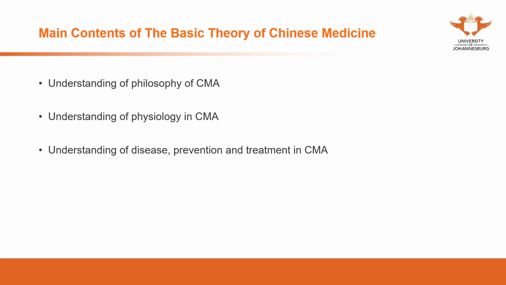In this topic of the basic theory, we are going to focus on the philosophy, the physiology, as well as the diseases, and the prevention and treatment of diseases in terms of Chinese medicine. In Chinese medicine and acupuncture, we use philosophy to understand nature, the environment, as well as our human health.